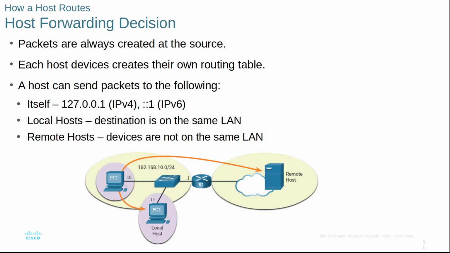Itself, using the loopback IP, that's 127.0.0.1 for IPv4, or ::1 for IPv6. To local hosts on the same LAN, the same network segment, or remote hosts, literally anywhere else. That's not itself and it's not on the same LAN. It's a remote host.